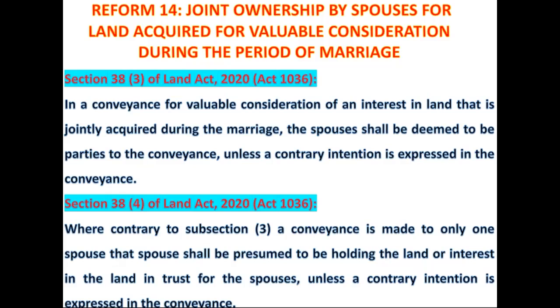So if you think that as a married man you are going to buy land and you don't involve your wife, the law is saying that where the conveyance is made to only one spouse, you the spouse who owns it shall be presumed to be holding the land in trust for the spouses, unless a contrary intention is expressed in the conveyance.